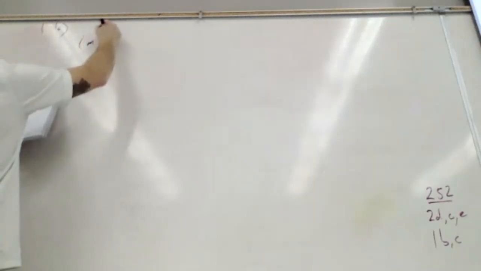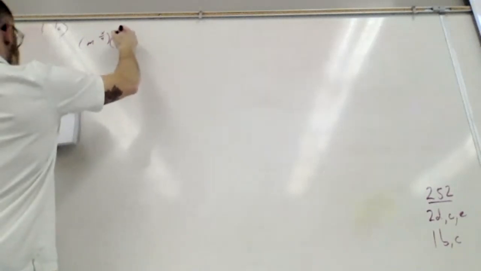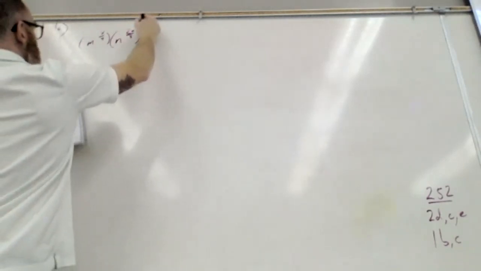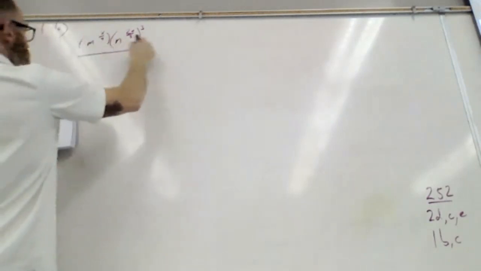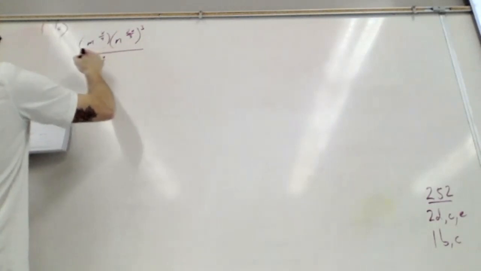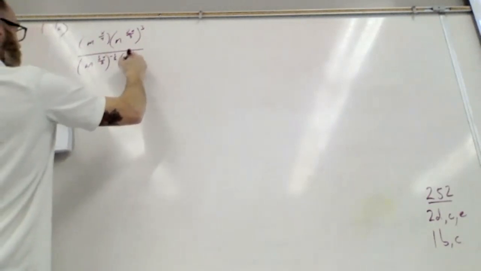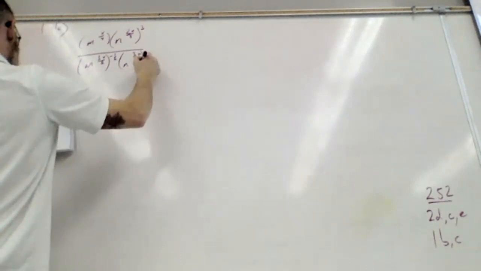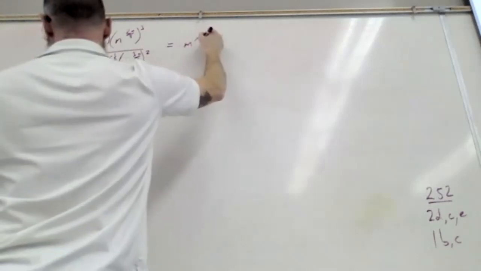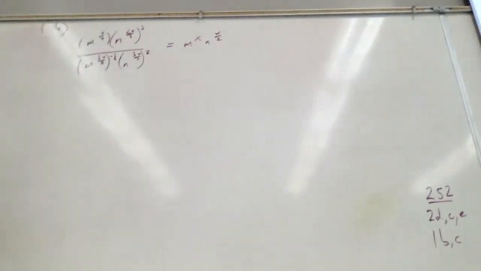So this is m to the x over 4 times n to the 2x over 3, cubed of course, all over m to the 3x over 2 to the negative 1/2 times n to the 3x over 4, squared of course, equals m to the x n to the x over 2. Oh yeah, obviously. Right?